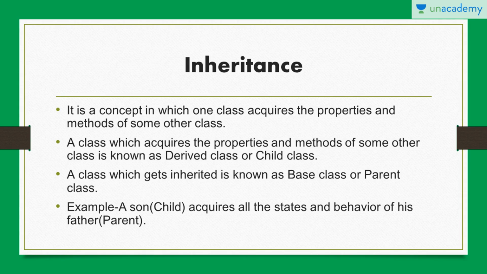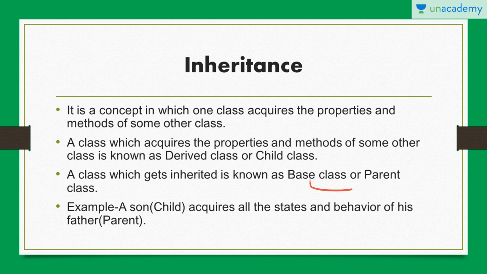A class which acquires the properties and methods of some other class is known as a derived class, and a class which gets inherited is known as a base class or parent class.